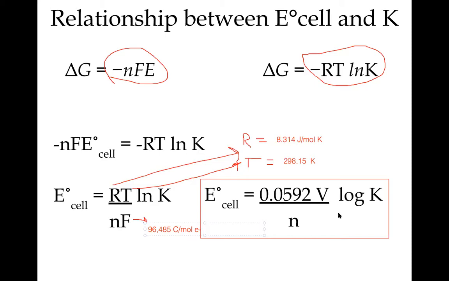So where we're using natural log in thermodynamics, we're using log for cell potential. And if you remember, the log is basically expressing the base 10 logarithm, which is going to change by a factor of, let's write it, 2.303.